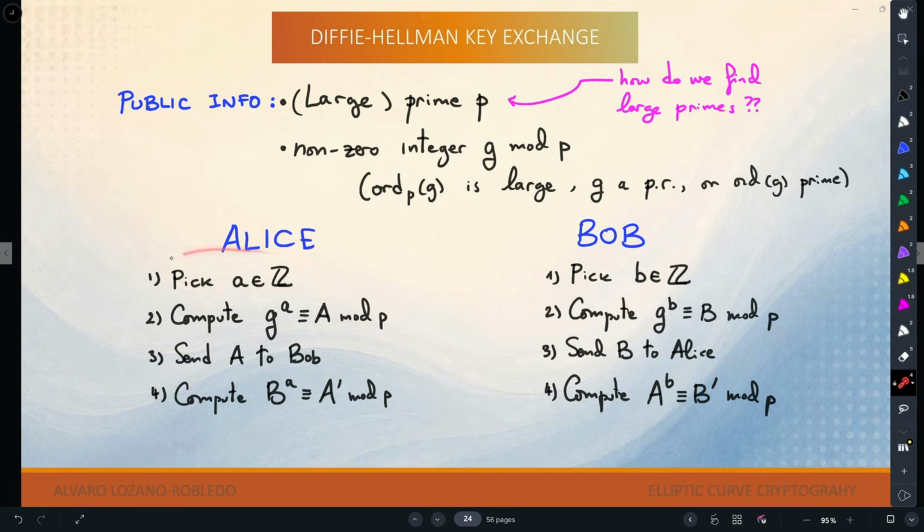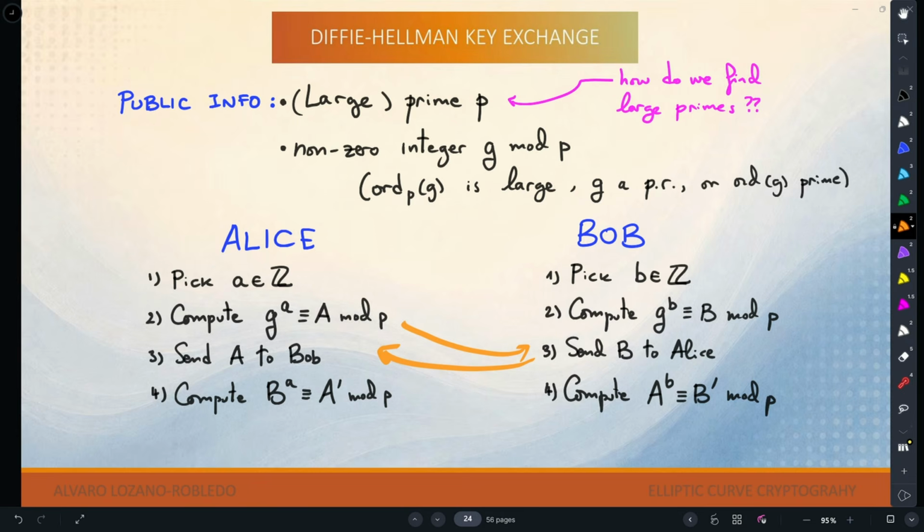So Alice picks a secret key, a, that you have to keep close to your heart, and Bob picks their own secret key, b. Then you compute g to the a, which is capital A, and g to the b, capital B, and you send A to Bob and B to Alice. So you exchange the capital A and the capital B.